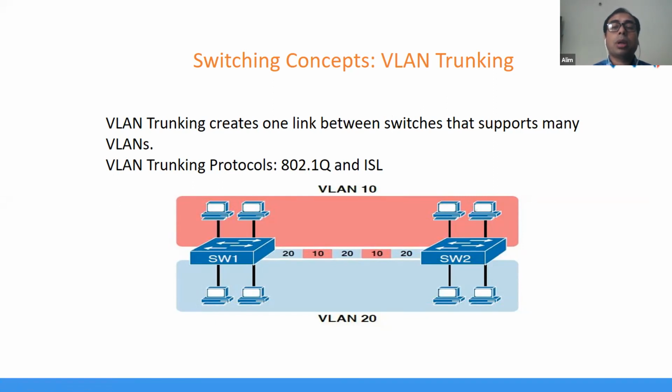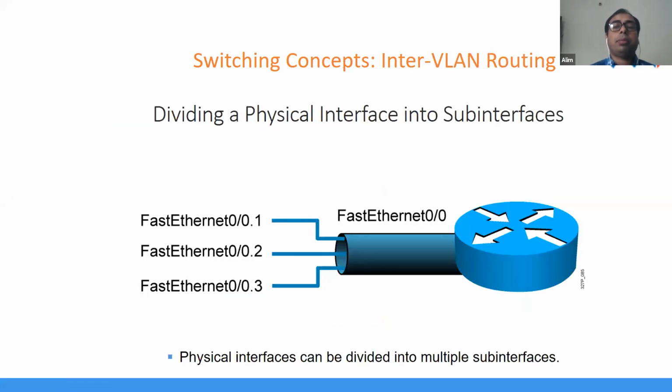We will complete a lab right now on inter-VLAN. It's another topic. For inter-VLAN, a VLAN just divides the broadcast domain, but VLANs are not able to communicate with other VLANs by default.